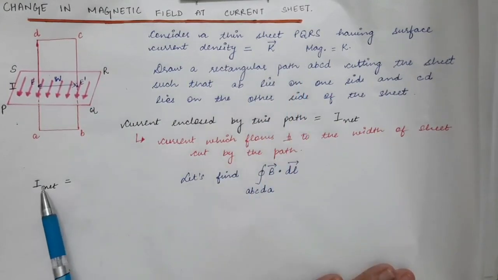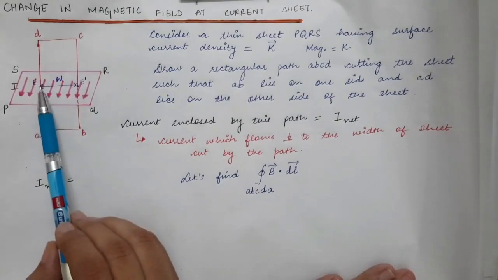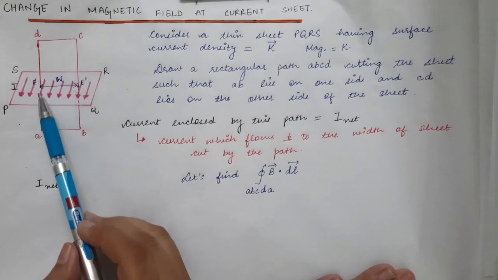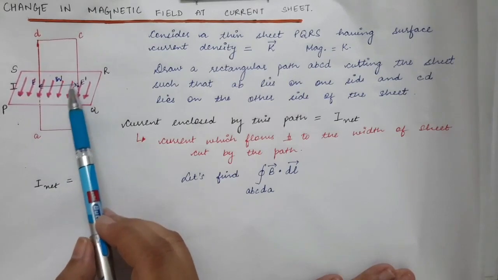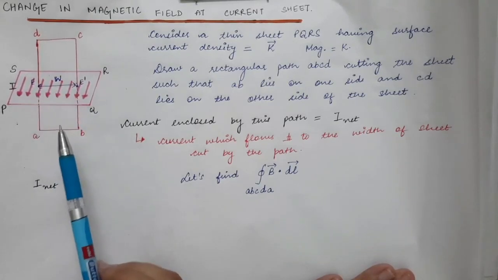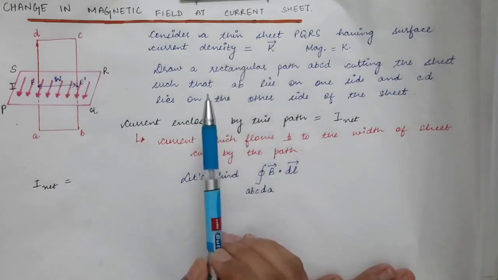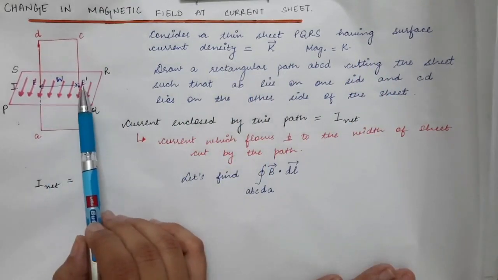So what will be the net amount of current which is flowing in this width? The current which is flowing perpendicular to the width will be equal to the surface current density, meaning the current flowing per unit width, times the width.